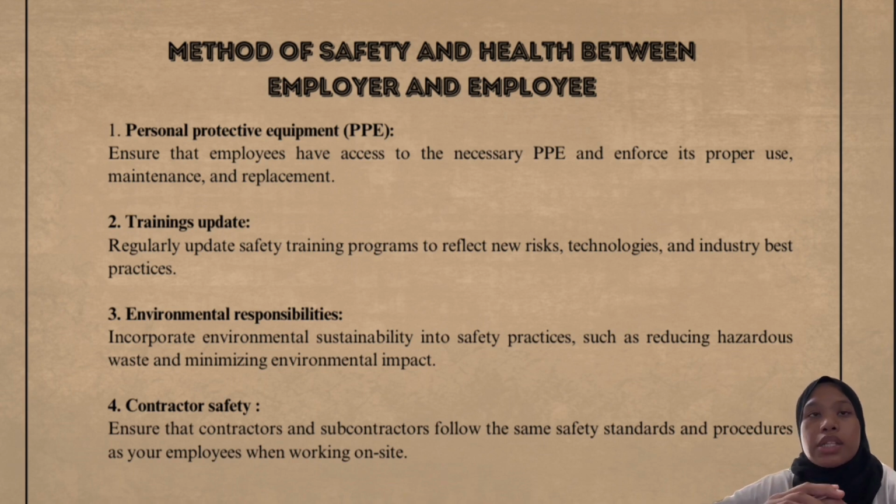The third is environmental responsibilities. Incorporate environmental sustainability into safety practice, such as reducing hazardous waste and minimizing environmental impact. The last is contractor safety, which is to ensure that contractors and subcontractors follow the same safety standards and procedures as your employees when working on site.